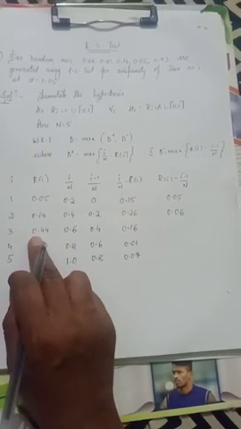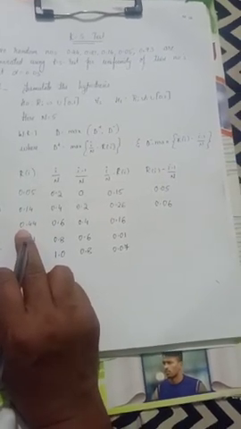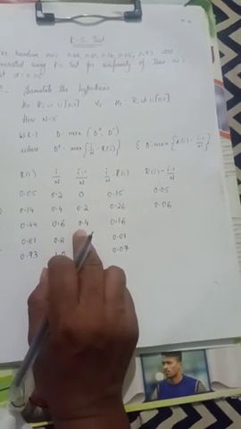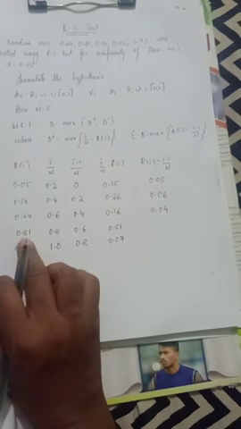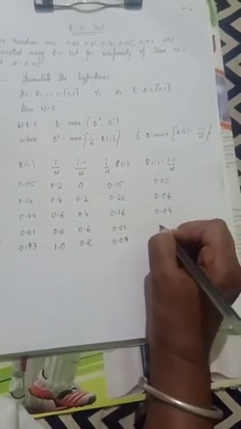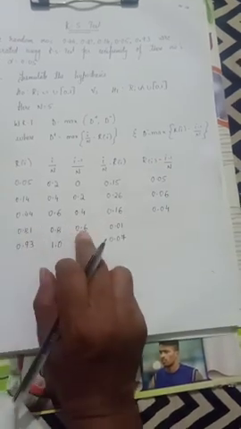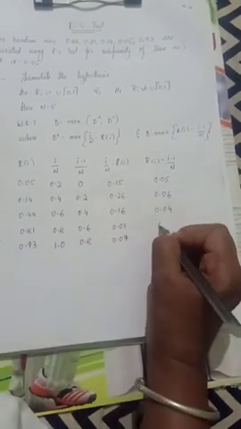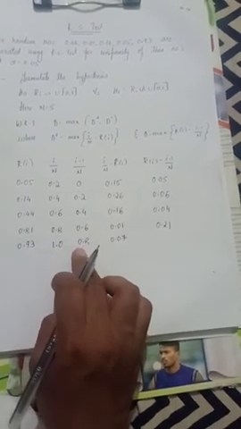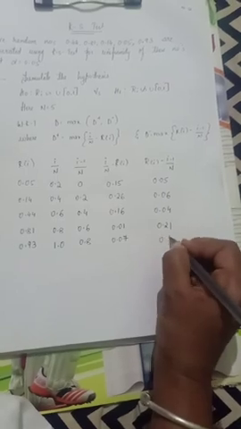The next, 0.44 minus 0.4, will be 0.04. The next, 0.81 minus 0.6, is 0.21. The next, 0.93 minus 0.8, is 0.13.